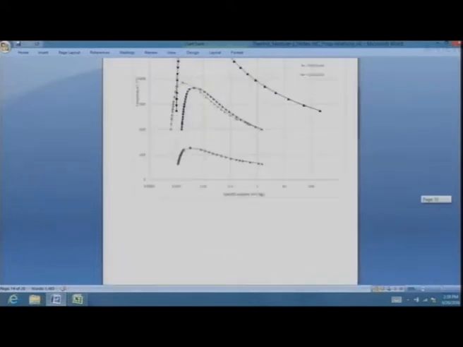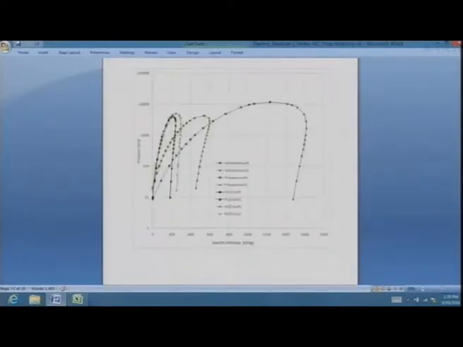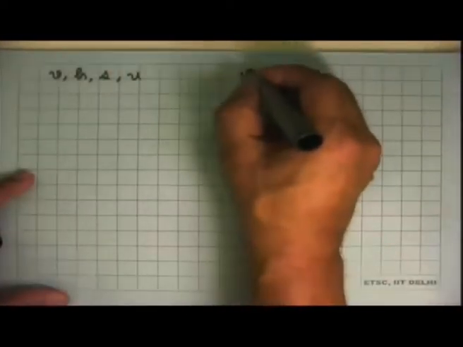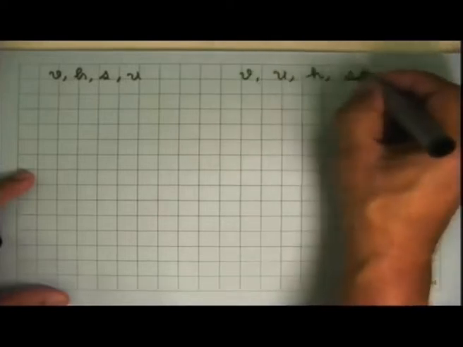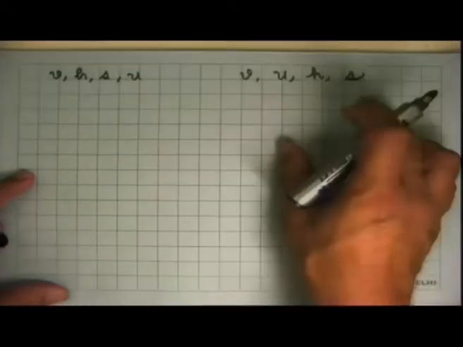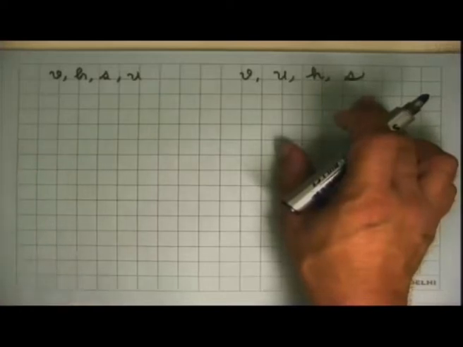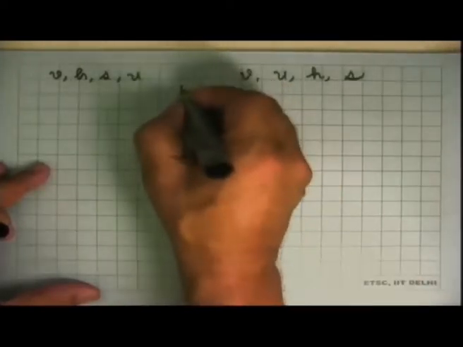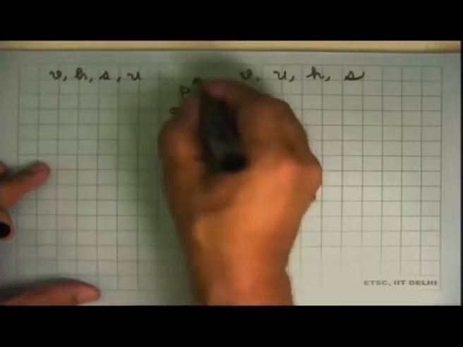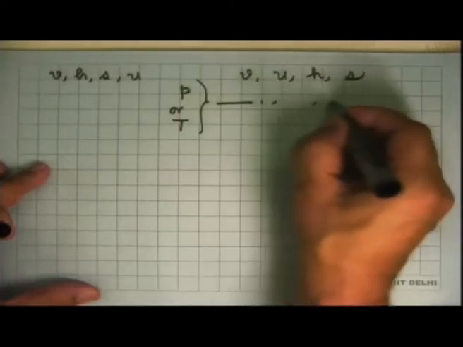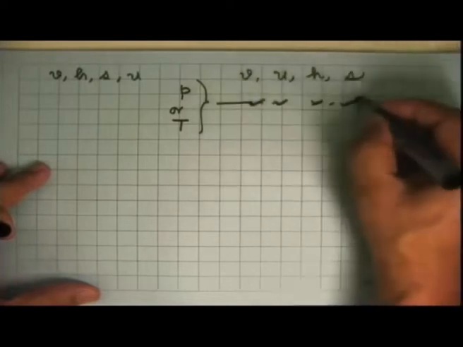Okay, now we go on to the other types of diagrams that we have to deal with. What we have said now is that to get two independent properties, I can have either V, U, H, S. Any two of these are always two independent properties, no problem. P or T, and any of these are also always two independent properties.